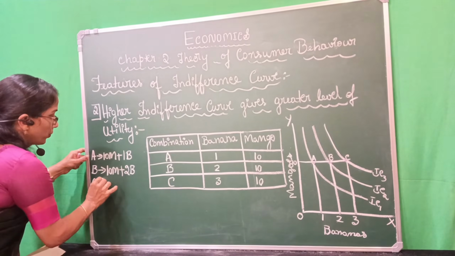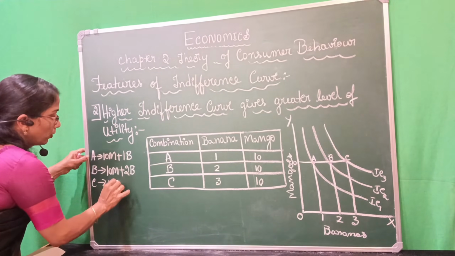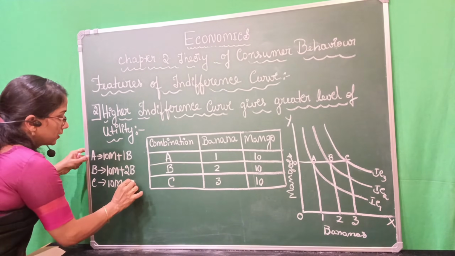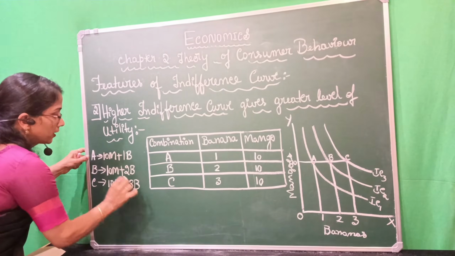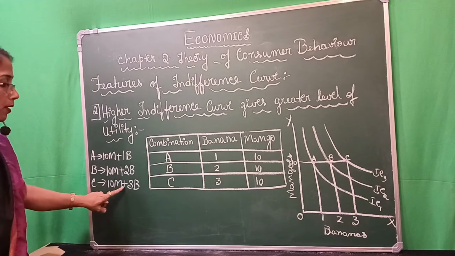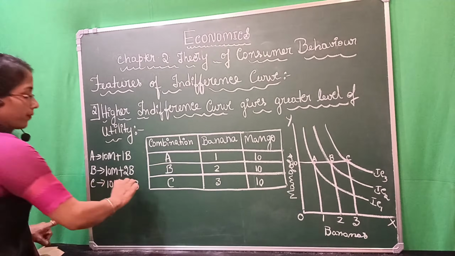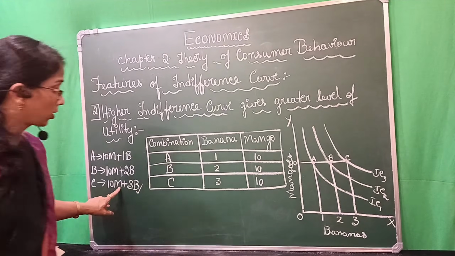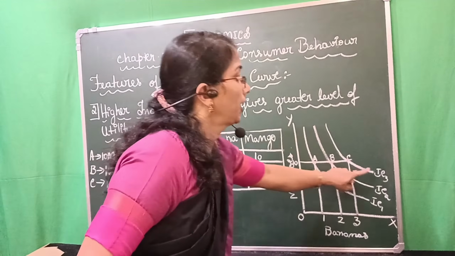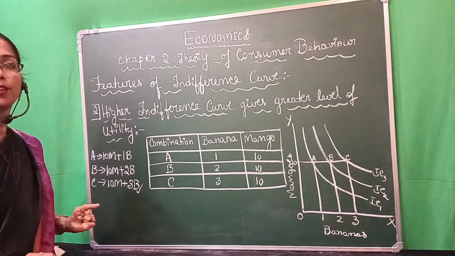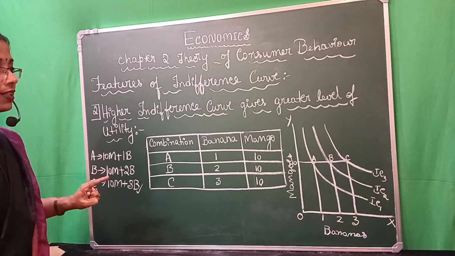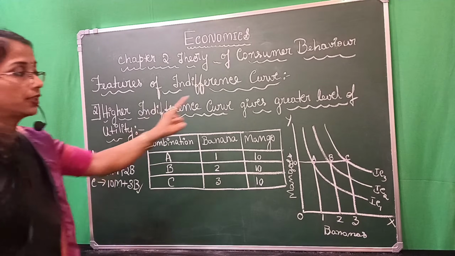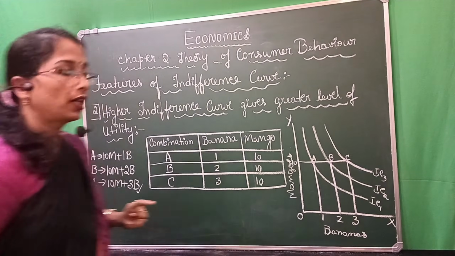Point C shows 10 mangoes plus 3 bananas, and the consumer prefers this combination. If you observe in the diagram, this combination lies on the higher level of indifference curve, which gives a higher level of satisfaction to the consumer.